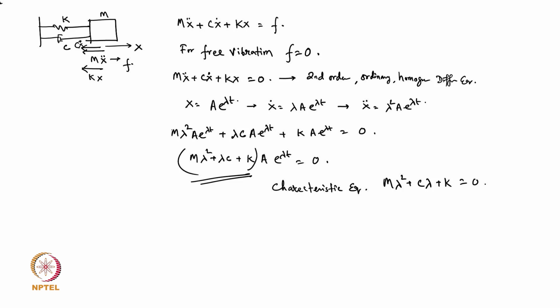A is the amplitude, that cannot be 0. E to the power lambda t is also the solution, that cannot be 0 as well. Obviously if they become 0, then the solution will become trivial. So for the non-trivial solution, this should be equal to 0.